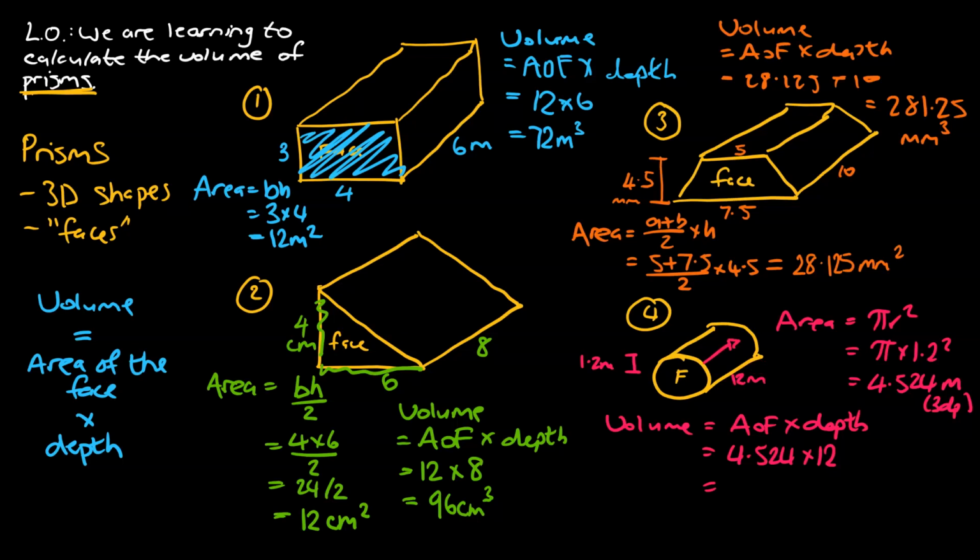So 4.524 times 12 gets us to 54.3 meters cubed, and I've rounded that to 1 decimal place.